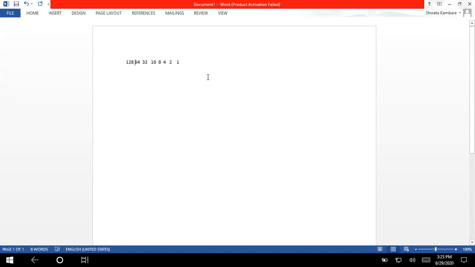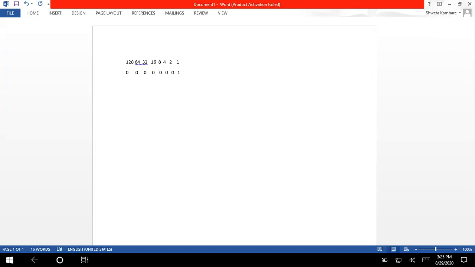If all bits are 0, your number is 0. Now, if you want to represent 1, this last bit should be 1. So it will be 0, 0, 0, 0, 0, 0, 0, and this will be 1.